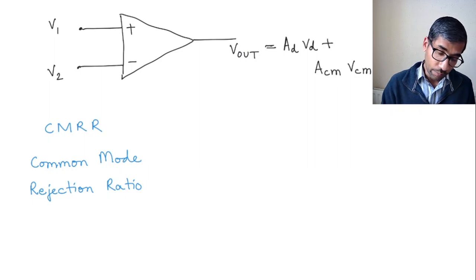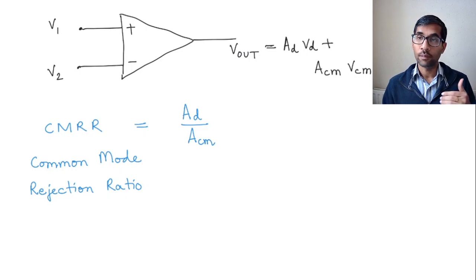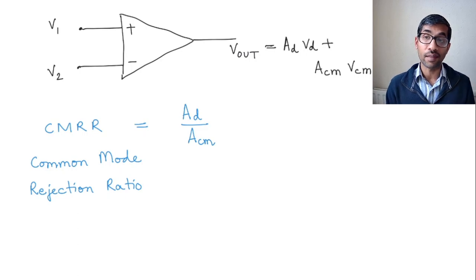And how is CMRR calculated? CMRR is basically calculated as AD over ACM. So the higher the value of the CMRR is, the better the op amp is, the closer the op amp is to an ideal op amp.